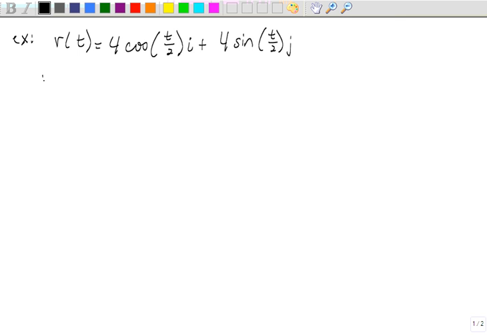All right. So for an example, let's look at r of t equal to 4 cosine(t/2) i plus 4 sine(t/2) j. So v of t is going to be the first derivative of r.